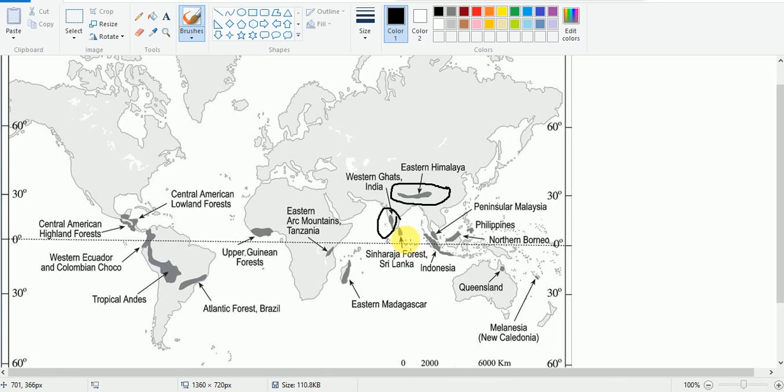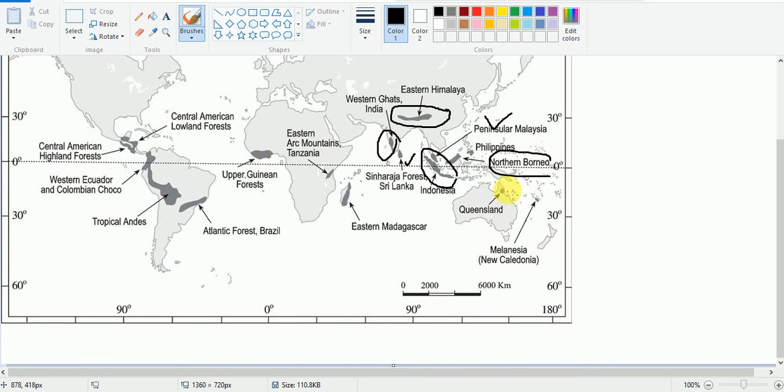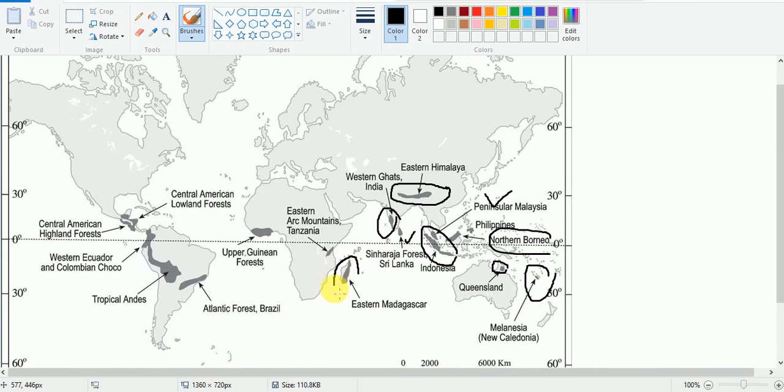In Sri Lanka we have Sinharaja forest, then the Indonesian area, peninsular Malaysia, northern Borneo, and so on. Here we have Queensland in Australia, Melanesia, New Caledonia, then eastern Madagascar. Just read it, and this map is also very important for the exam.